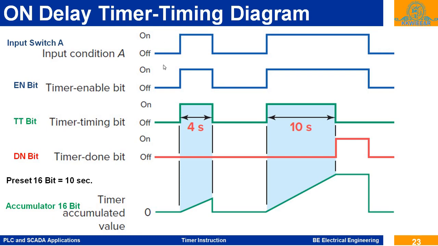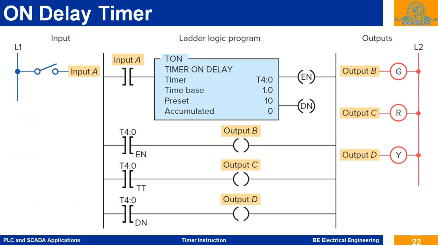With this input switch, the timer instruction is also true. So when this switch is closed, this input is true, and on the left side of this timer the instruction is true. When this instruction is true, your enable bit is also true, because this enable bit is connected between the high and low power range.